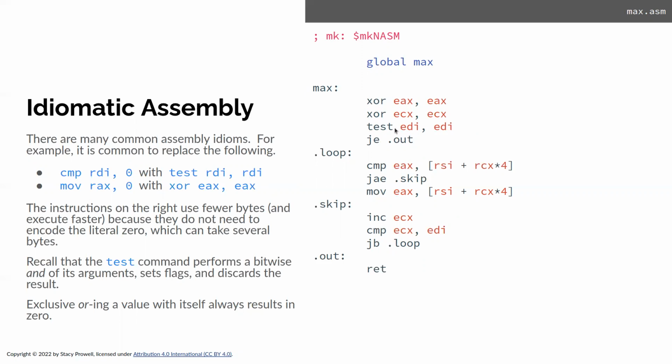I mean, this just seems crazy. So when you see this XOR of a register with itself, think setting it to 0. When you see test of a register with itself, think checking to see if it's 0. That's bizarre. But it turns out the reason is these instructions use fewer bytes and they execute faster because they don't have to encode the 0 operand. Okay, and that can take several bytes.